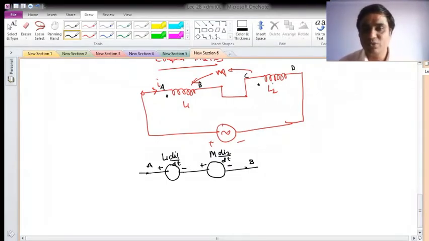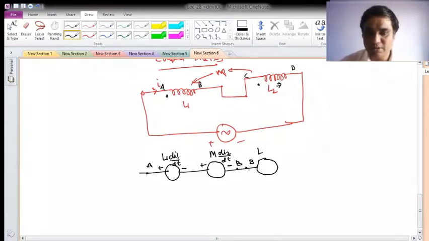Now let us come to the L2 coil. So here B and C. So the value of this will be L2 di by dt, and here I found that our current is same basically, so I will not mention I1 and I2.